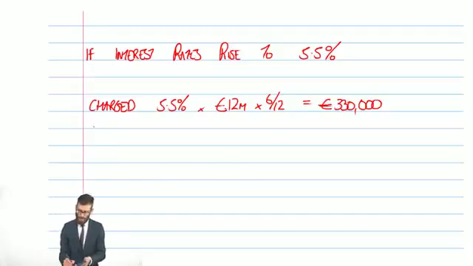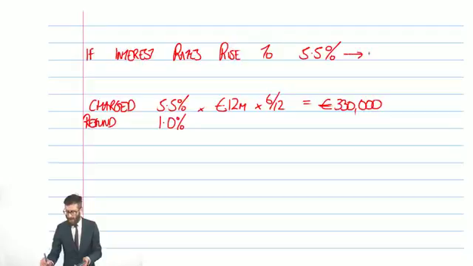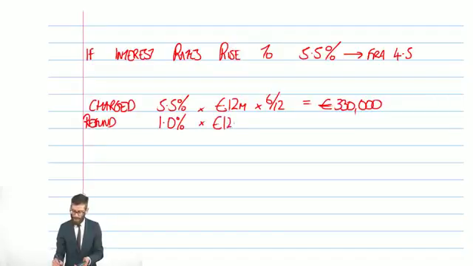But we're going to receive a refund of 1% because the FRA lock-in is 4.5%. Times 12 million times 6/12 gives us 60,000.